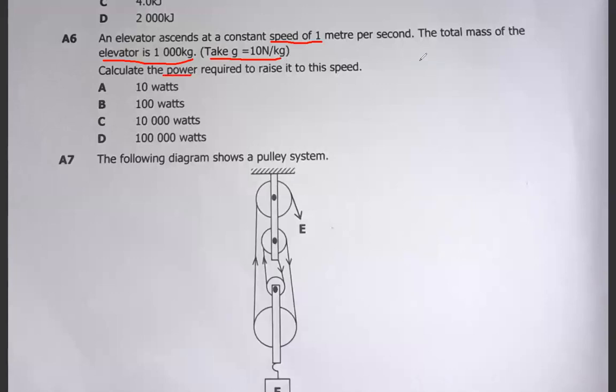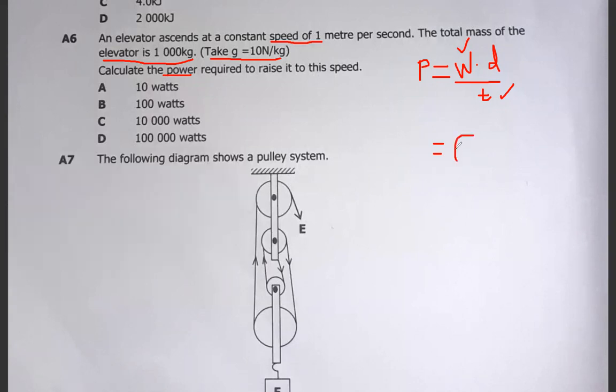I started deriving. Power is equal to work done divided by time. But work done we are not given, and time we are not given. So what is work done? Work done is equal to force times distance.